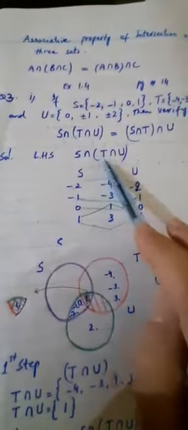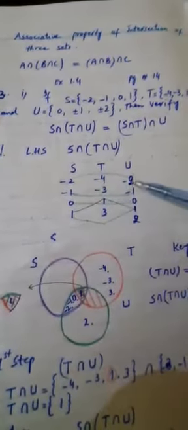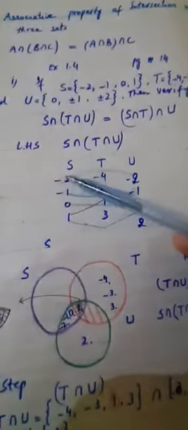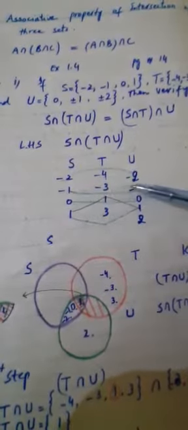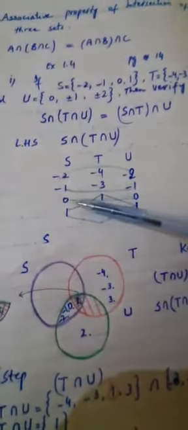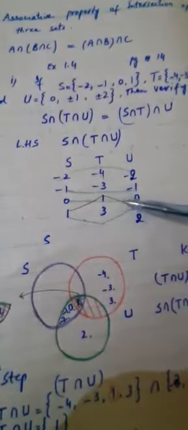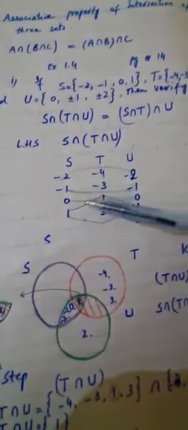For the left hand side, we will first draw ladders for showing elements of three sets, and here we will find and connect the common elements of the three sets. We can see that 1 is the element which is common among the three sets. 1 is present in all three sets.